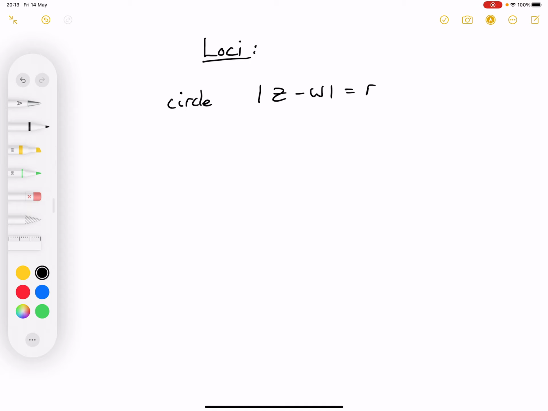So what this is saying is a circle, centre w, or rather z is the set of points where the distance between z and w is uniform all the way around, is equal to this radius here. So therefore, w is a plus bi, but w is our centre.